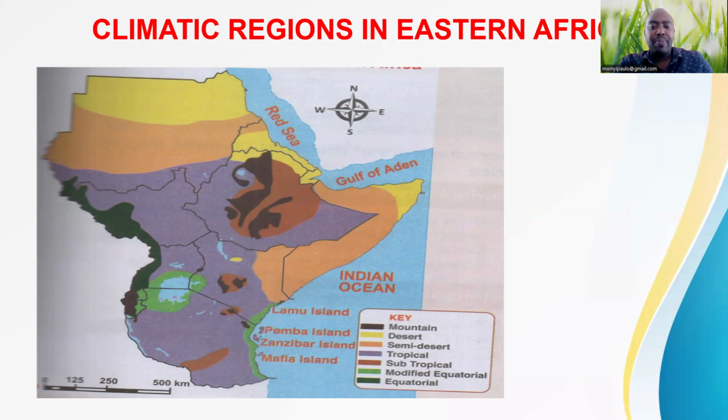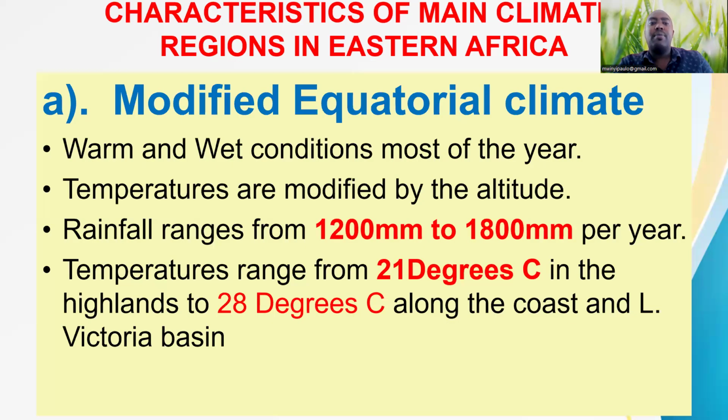So, with your permission, allow us now to dig deeper into these climatic regions one by one. Let's move on together. We shall start with what we refer to as the modified equatorial climatic region.